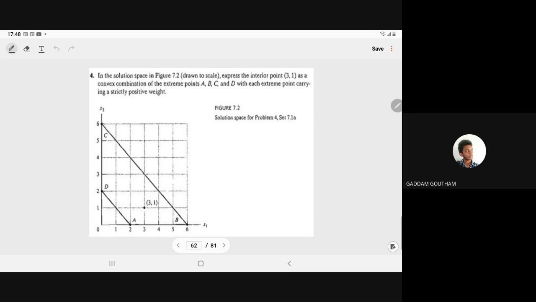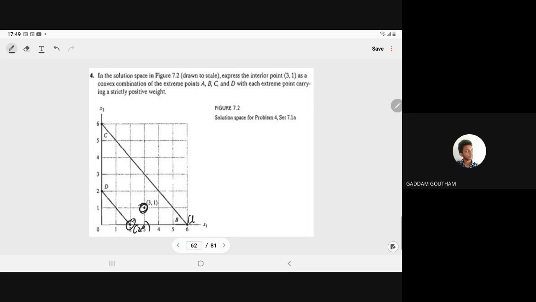Last question for today. In the solution space in figure 7.2, drawn to scale, express the interior point 3 comma 1 as the convex combination of the extreme points A, B, C, D. This is the extreme point A, with coordinates 2 comma 0.